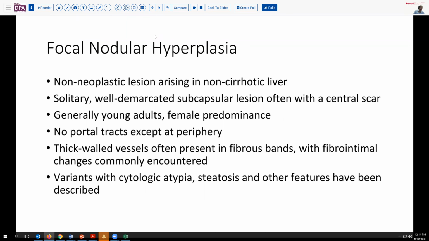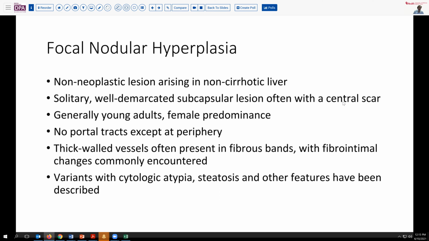Okay, now focal nodular hyperplasia obviously was not in the WHO classification, but it certainly enters into the differential of adenomas and these low-grade lesions. So I thought it would be good to include a few examples. Again, like adenomas, this is a non-cirrhotic liver lesion, but does have this central scar. So sometimes it can look like there's kind of cirrhosis.